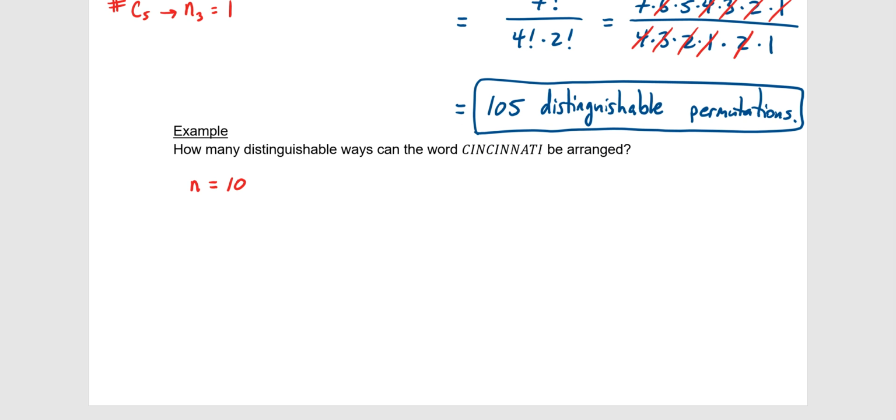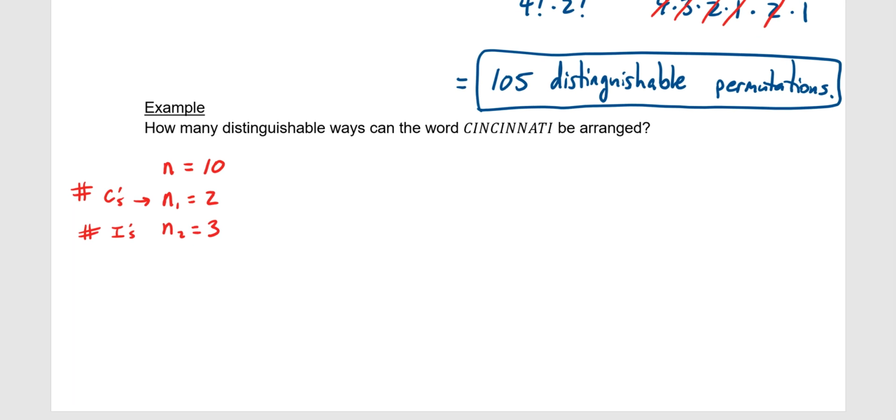And let's let n sub 1 equal the number of C's in Cincinnati. So there are 2 C's in Cincinnati. Let's let n sub 2 be the number of I's. And there's going to be 3 I's in Cincinnati.